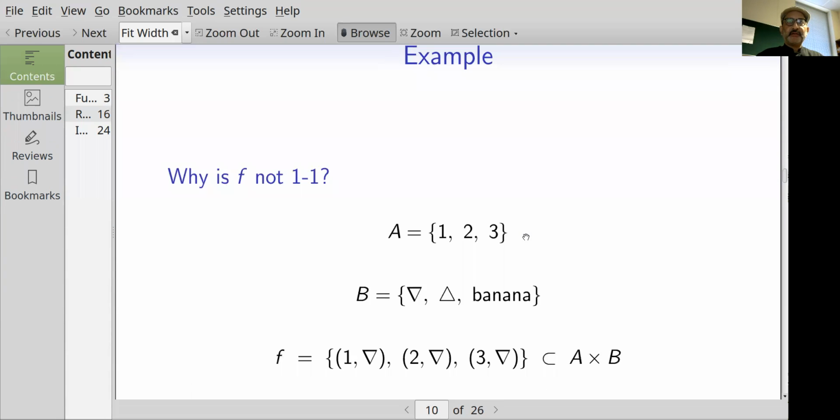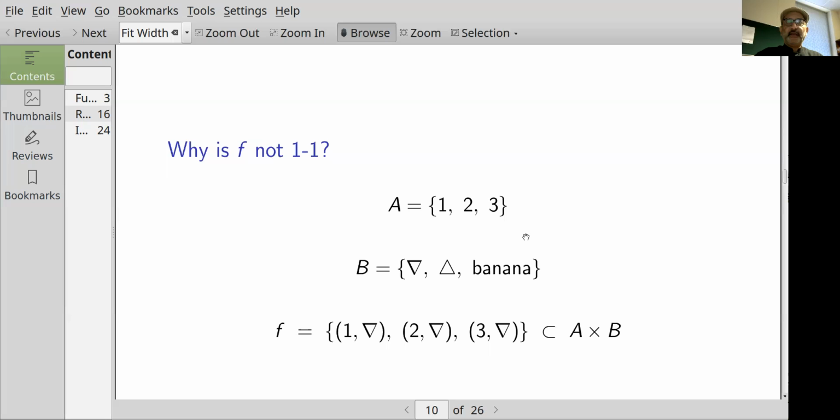Okay, so here's an example. A is the set which consists of the elements 1, 2, 3. B is the set which consists of the elements nabla, triangle, and banana.